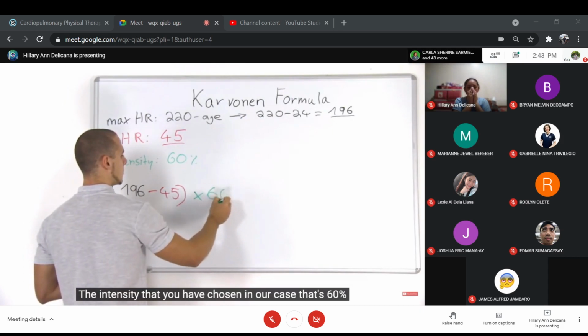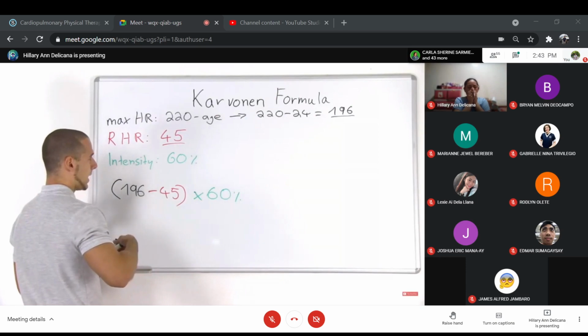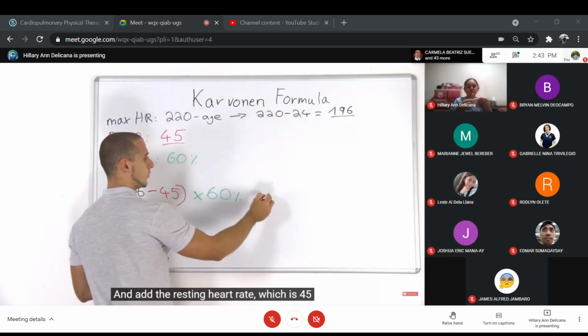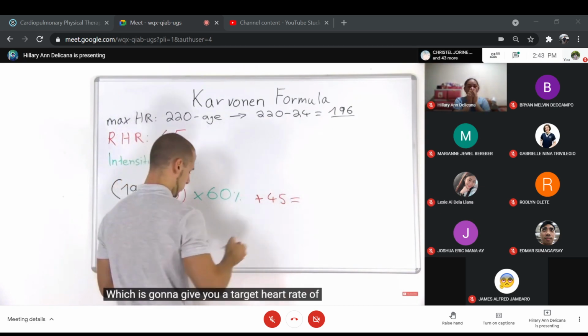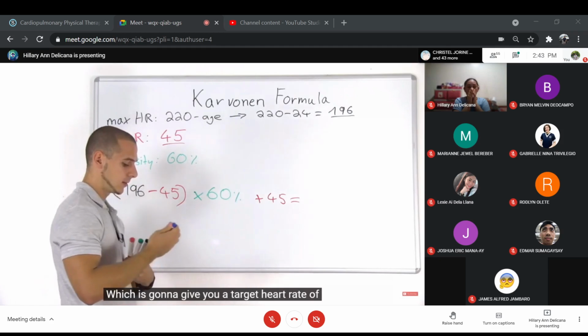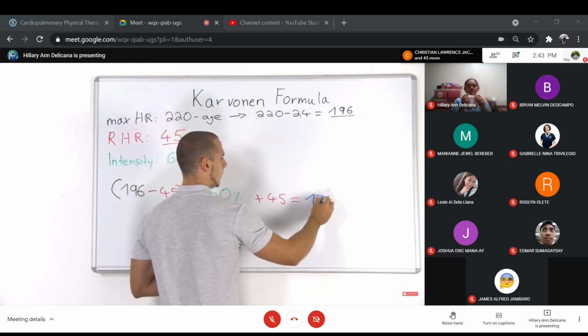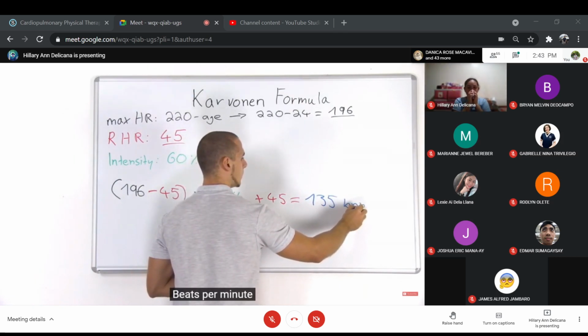In our case, that's 60%. And add the resting heart rate, which is 45, which is going to give you a target heart rate of 135 beats per minute.